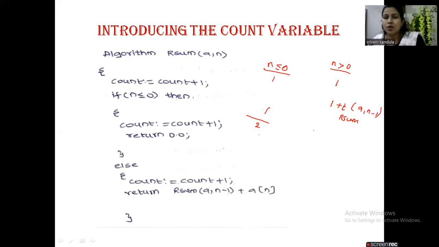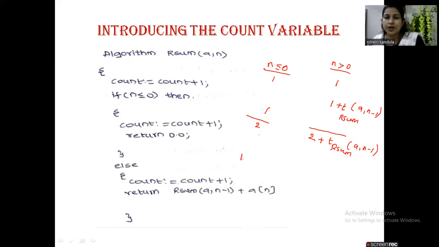Altogether, how many program steps did I get? It is 2 plus T rsum(a, n-1). So now I have obtained the recurrence relation. What is the recurrence relation?